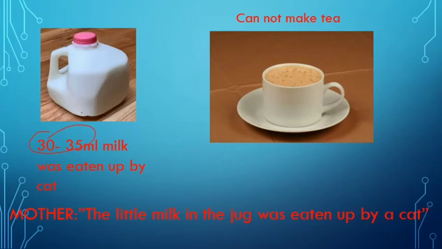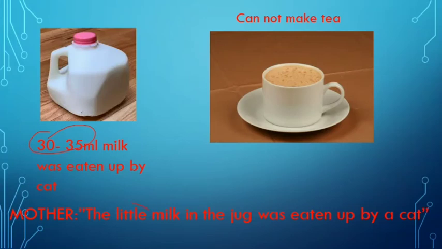So what he did, he went to your mother and asked, already you are having some milk now. Okay, with that you make a cup of tea and give me, he said. But the mother said the little milk in the jug was eaten up by a cat.